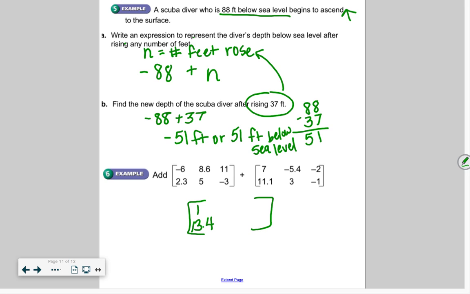Top middle. 8 6/10 plus negative 5 4/10. 3 2/10. Correct. So we're doing bottom and middle now. 5 plus 3. 8. Upper right-hand corner, 11 plus negative 2. 9. And bottom right, negative 3 plus negative 1. Negative 4. Questions on adding real numbers?